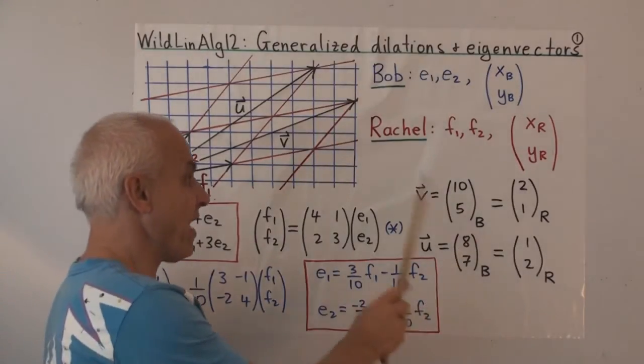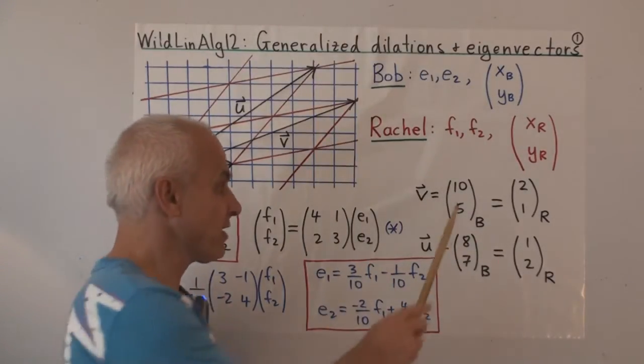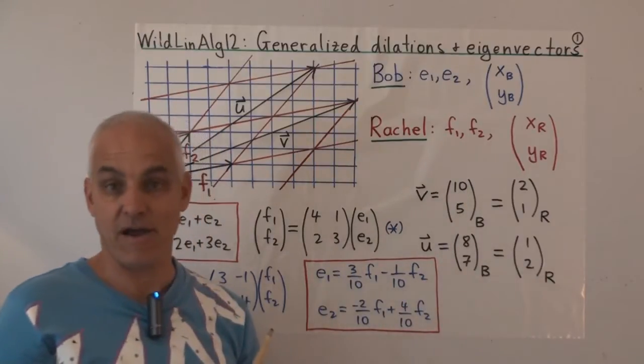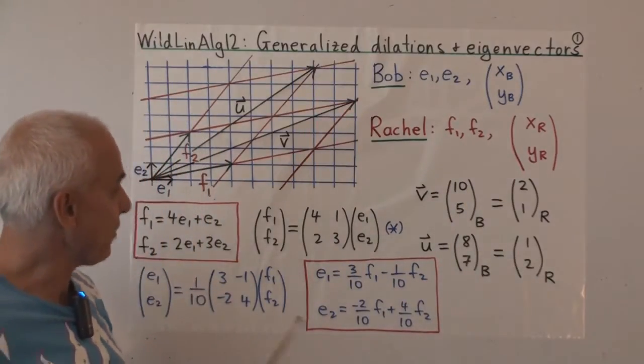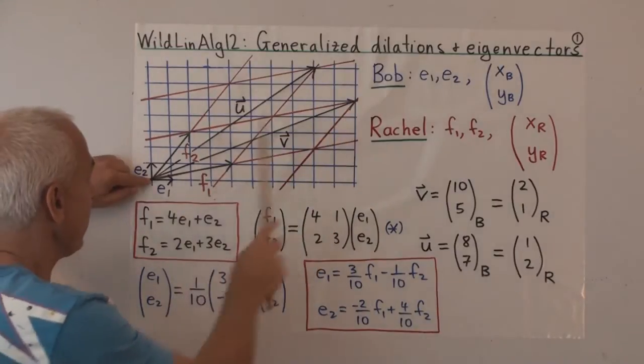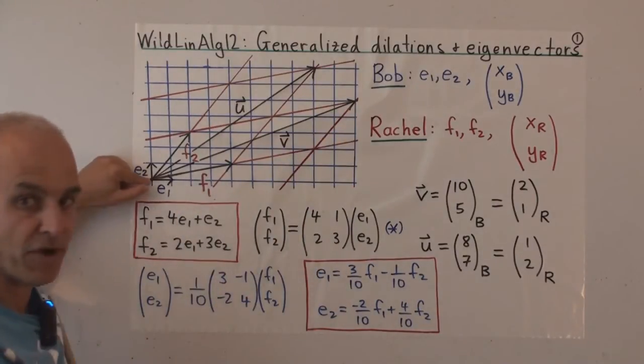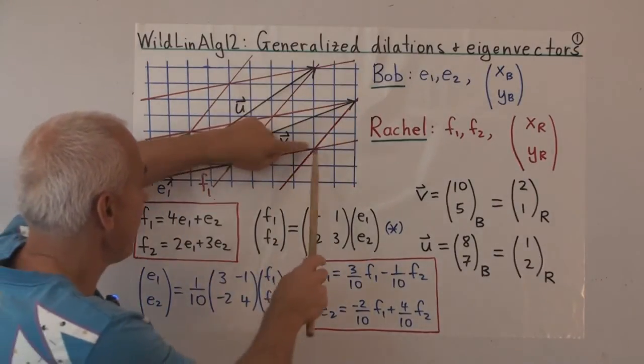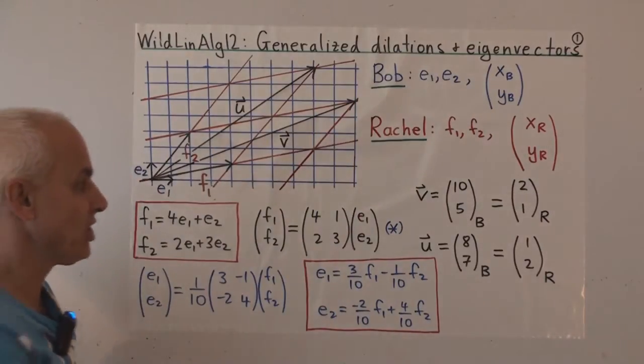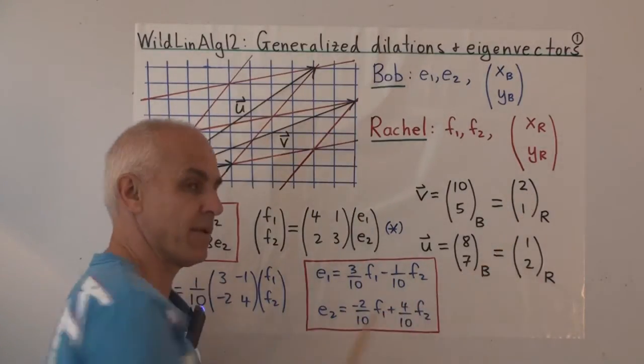So Bob would give that vector a coordinate representation 10, 5. On the other hand, Rachel would say, well, to go from here to here, we take 2 steps in the f1 direction, so 2f1 plus 1f2. So she would represent it by the vector 2, 1.